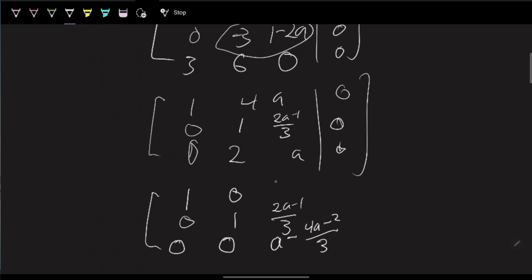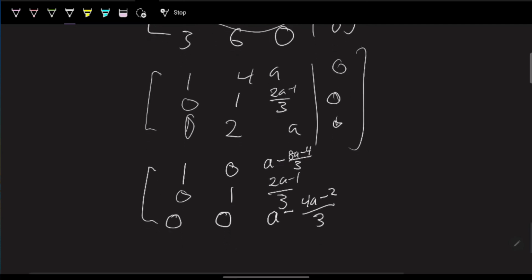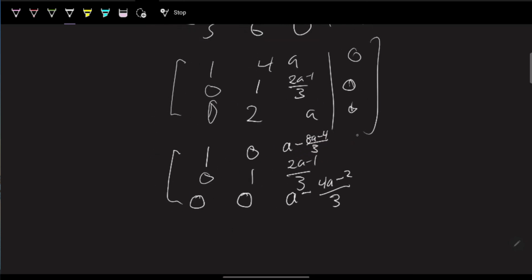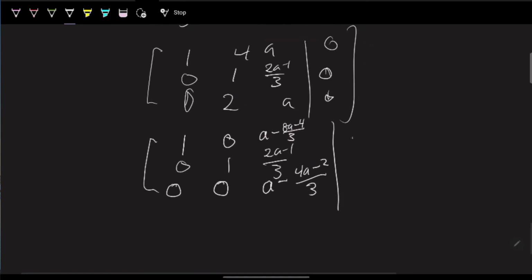God, I hate math, or I hate computation. A minus 8A minus 4 over 3. And then we basically just got to figure out how to get rid of the rest. Sorry, I realize that grindy computations like this are a bit hard to follow along, so I'm just going to quickly try to crank it out.